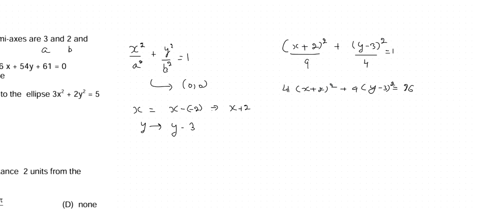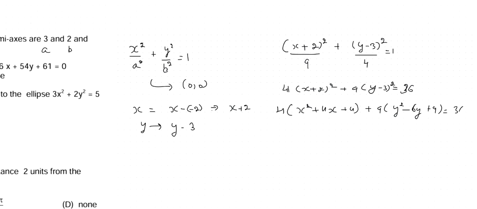Now just expand and simplify the terms. 4 into (x square plus 4x plus 4) plus 9 into (y square minus 6y plus 9) is equal to 36.